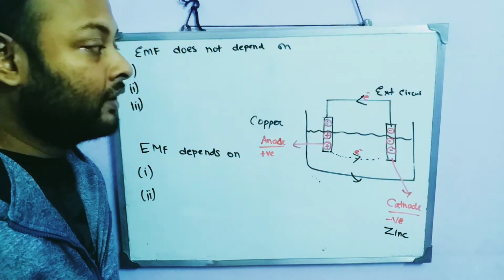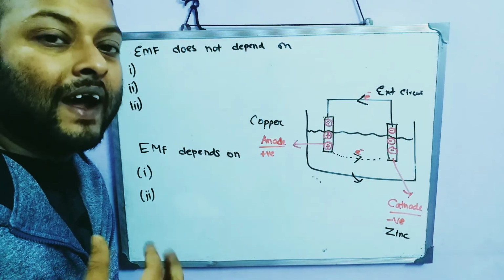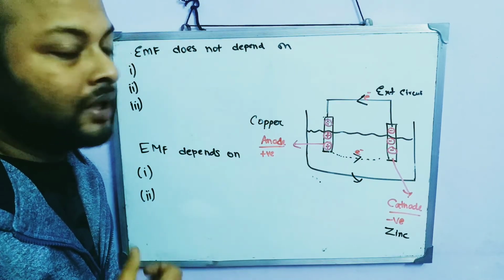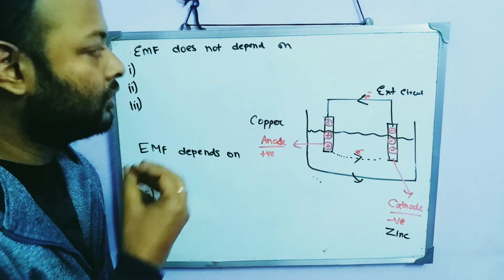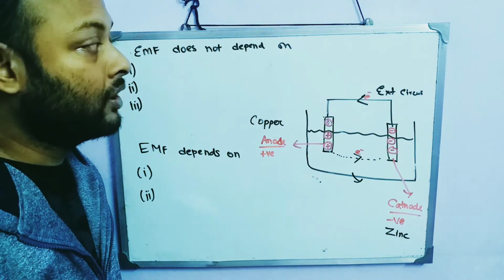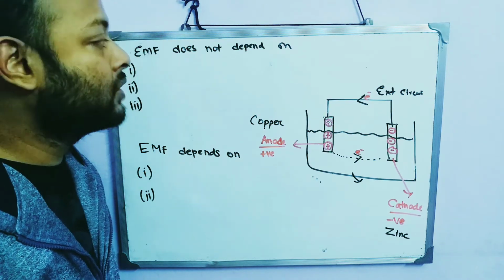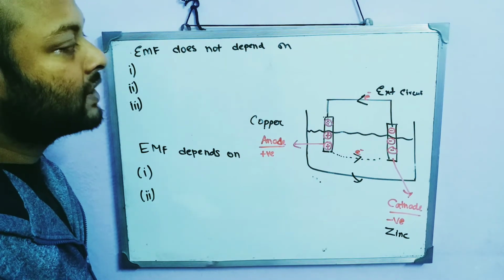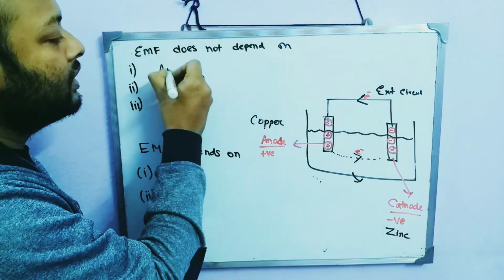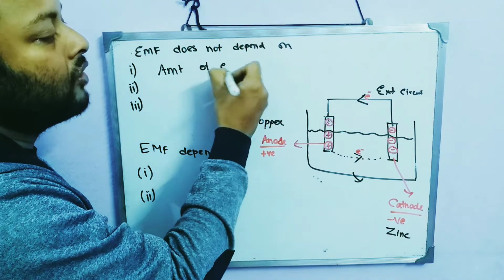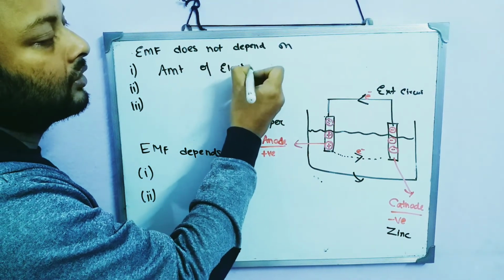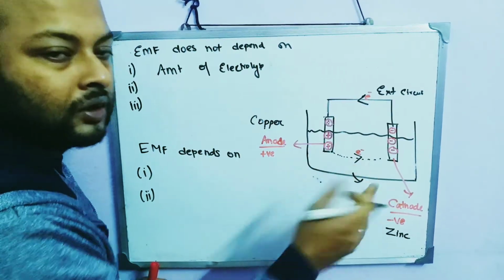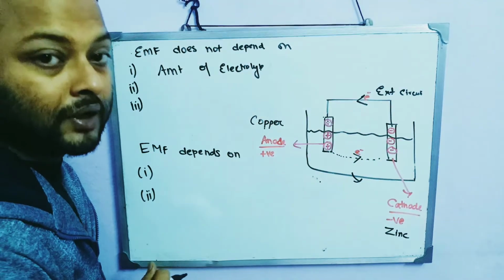Now over here we will discuss the factors on which EMF depends. EMF depends on certain factors and does not depend on certain factors. So EMF does not depend upon 3 factors. The first is the amount of electrolyte, means how much solution you have taken, 1 liter or 2 liter or 3 liter, it does not depend on that.